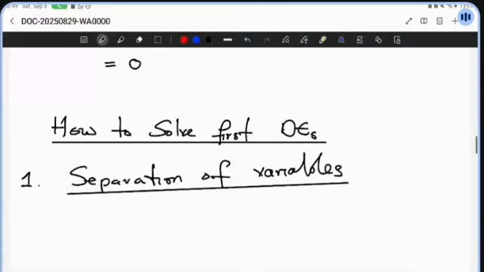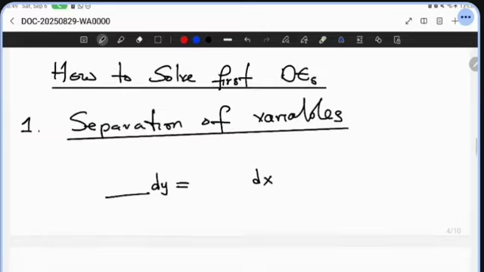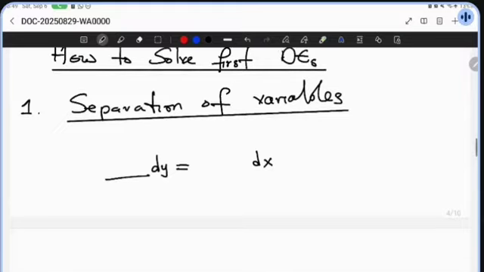Now, in separation of variables, the goal is always to separate. If you have an equal sign here, you want everything that has dy to be on the left side and everything that has dx to be on the other side. What do I mean?